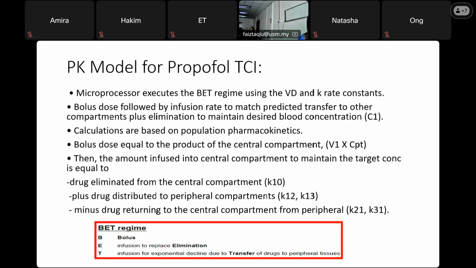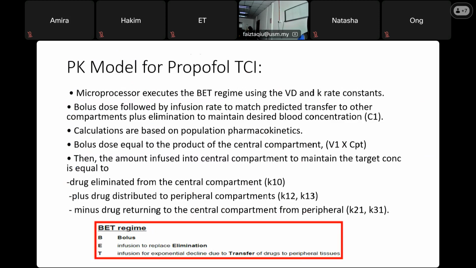The size of V1 depends on the model that we use. Actually, between Marsh and Schnider, it is different. And not only that, different models also mean whether you can manipulate V1 or not, whether it is a fixed value or a variable value.